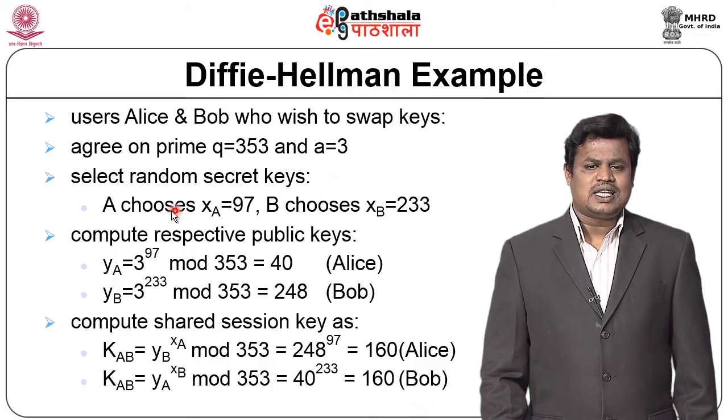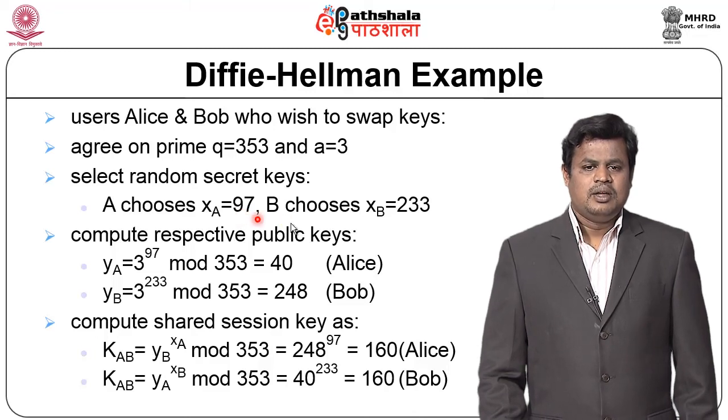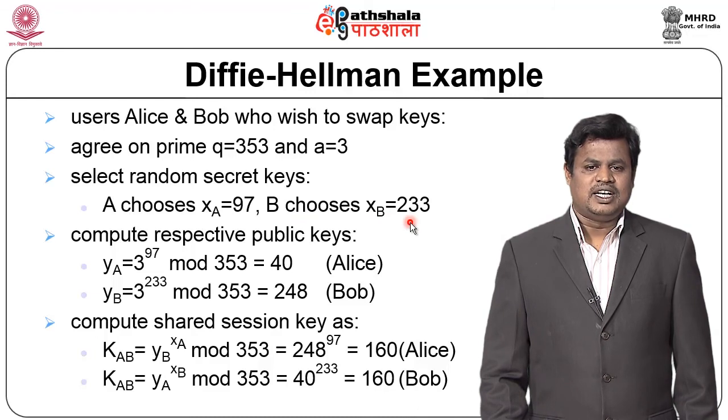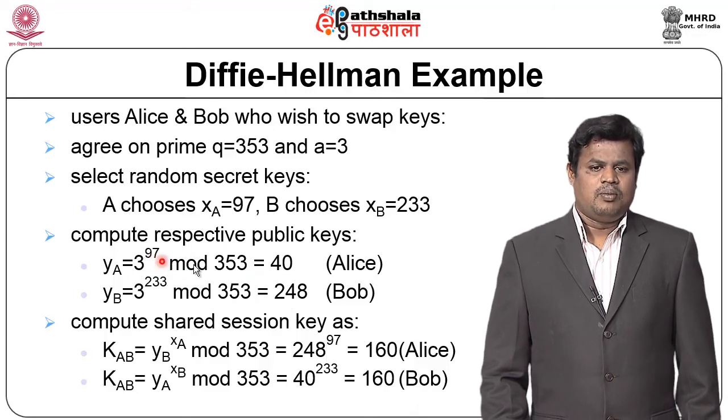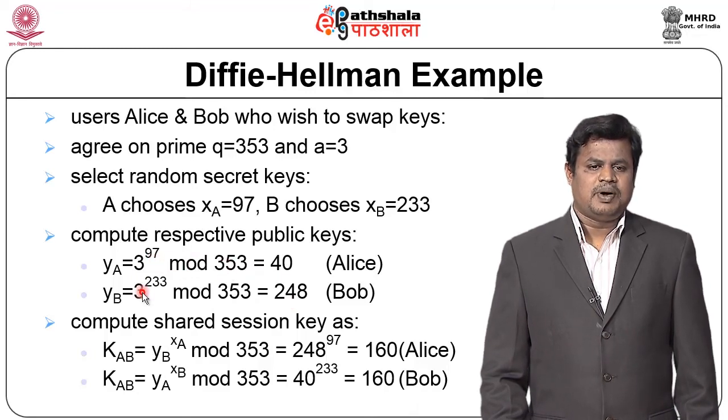Now, A is selecting a random secret 97, and B is selecting a random secret 233. Now we can see that ya is 40 and yb is 248, based on G power xa mod q. Similarly, G power xb mod q is 248.